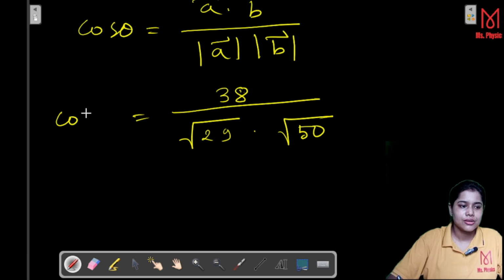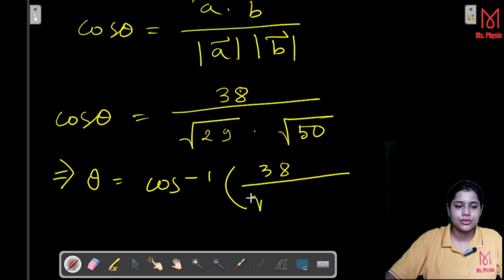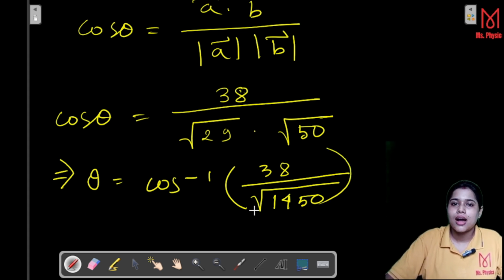This is your cos theta. Therefore, finally, theta is equal to cos inverse of 38 over root 1450, if I do the multiplication. So this is the answer, the angle between those two vectors.